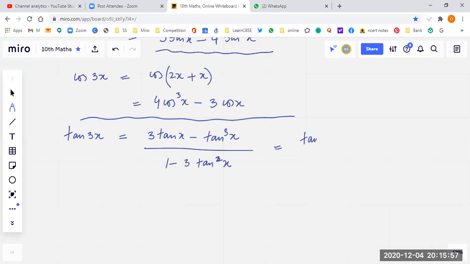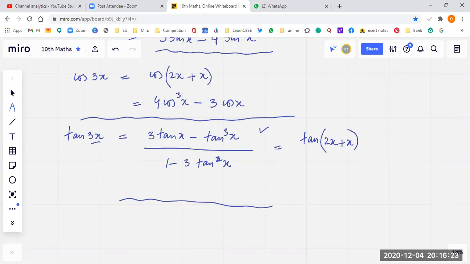Can anyone tell me the first step? 3x I will split into 2x plus x. That's good. And then which formula will I rely upon? Tan a plus b. That's good. So it will be tan A plus tan B divided by 1 minus tan A tan B, right? You please use this and derive this formula also.